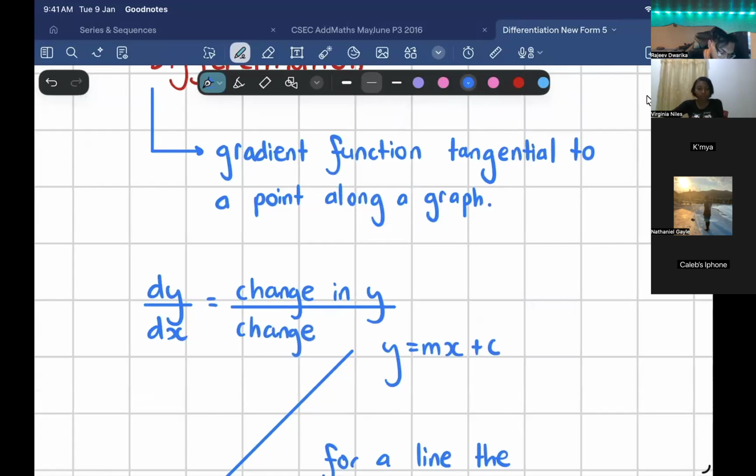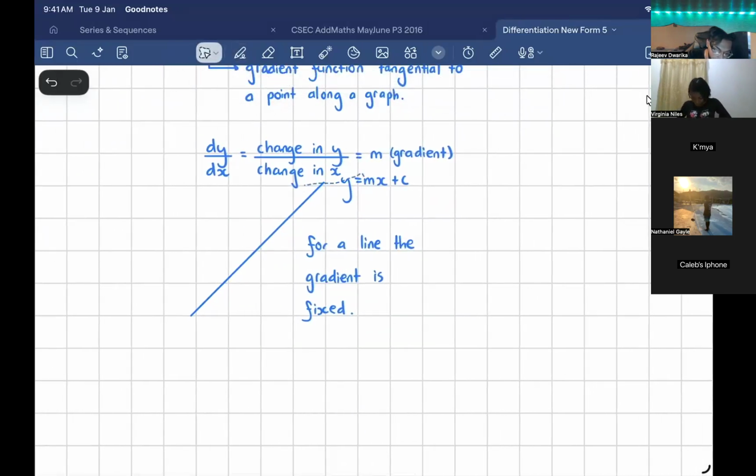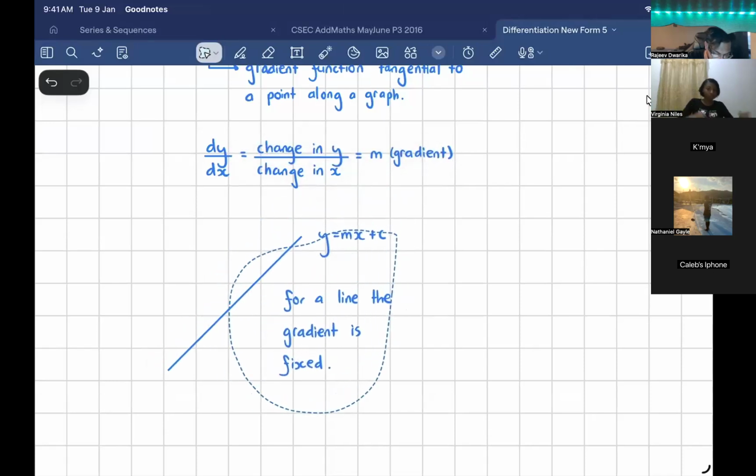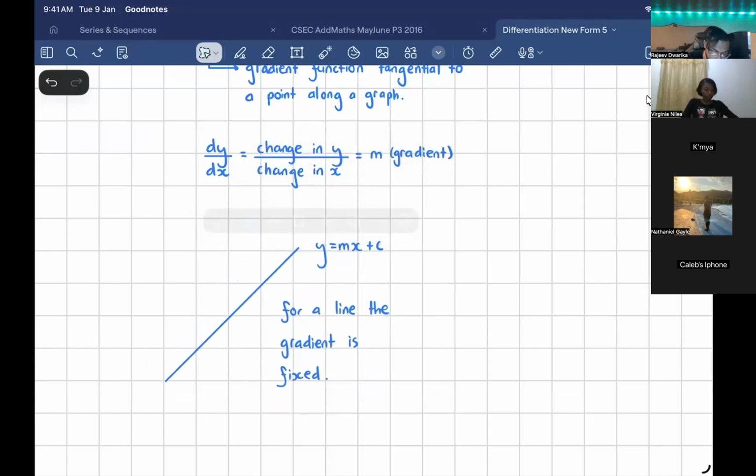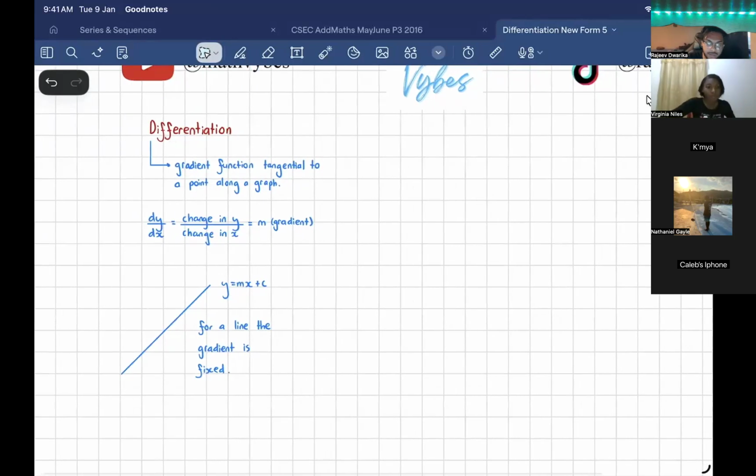The gradient. Right, this is the gradient, m. So by definition, dy/dx is literally the gradient, but the gradient of the tangent to a point. You'll see that just now. So does everybody understand that for a straight line, the gradient is fixed? The gradient is never changing.